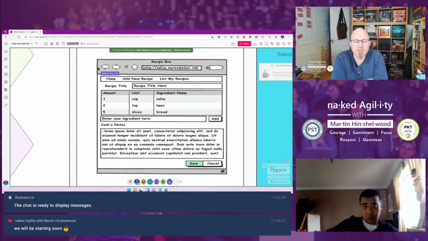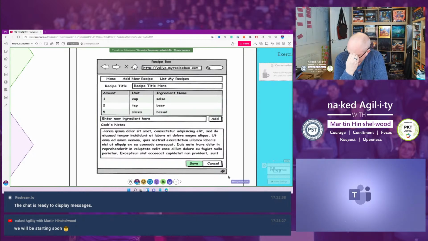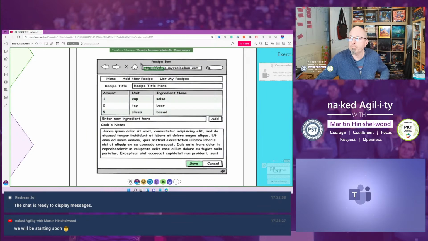Sean, do you have a question? In the Scrum Guide, you mentioned this user story. I was looking at it and I saw it says the acceptance criteria is optional in Scrum. Do you agree with that?